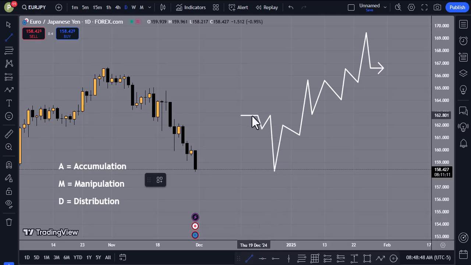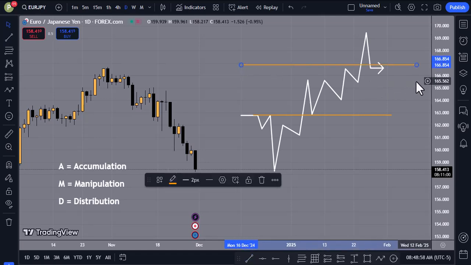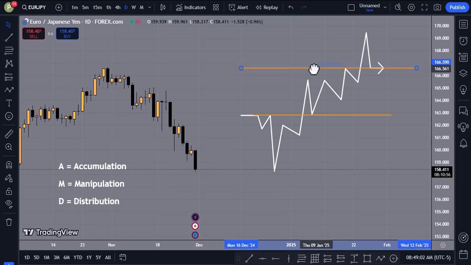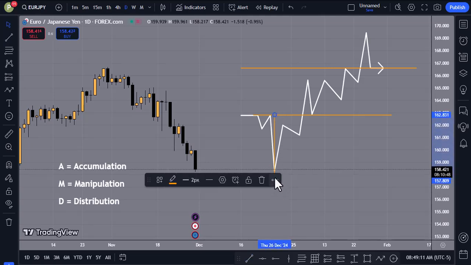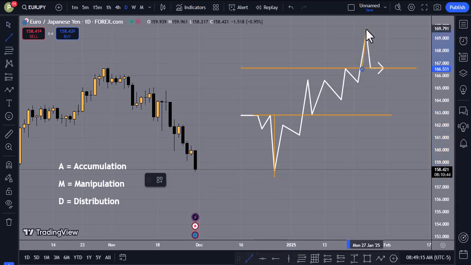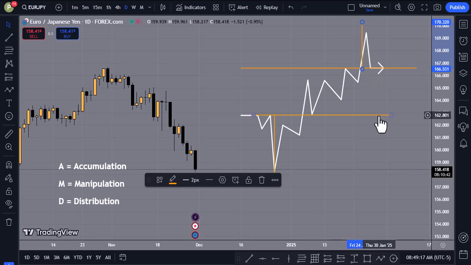Look at the open. Price opened here, and then price also closed here. And then we have more like a wick here. This part is the wick that formed here, and this other part is the wick that formed here. So this is what the candle looks like.